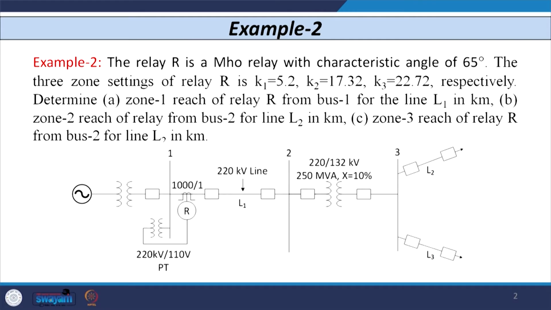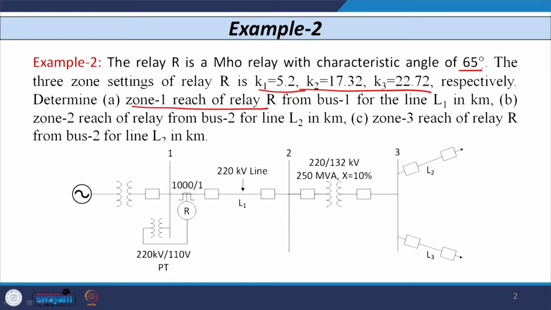So to solve this example, let us start with the first part, that is, what is the zone 1 reach of this relay. So let us start with zone 1 reach of relay R with the values given, that is K1, K2, K3, and theta, the characteristic angle, is also given.